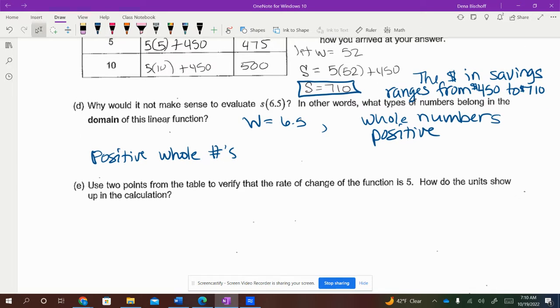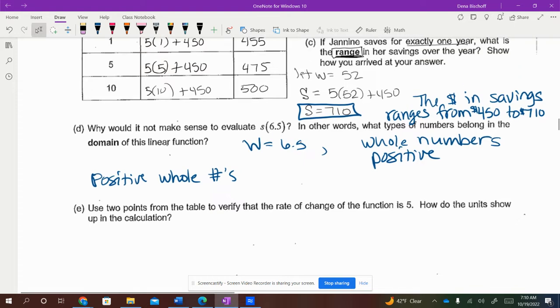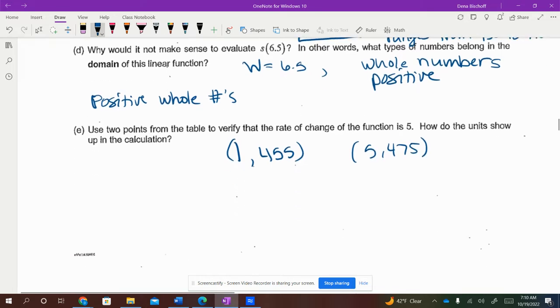So use 2 points from the table to verify that the rate of change of the function is $5. So I'm going to use the point 1 and 455. And then I'm going to use the point 5 and 475. So I'm going to set up the y2 minus y1 over x2 minus x1.